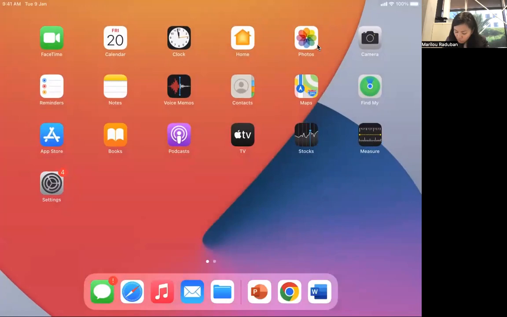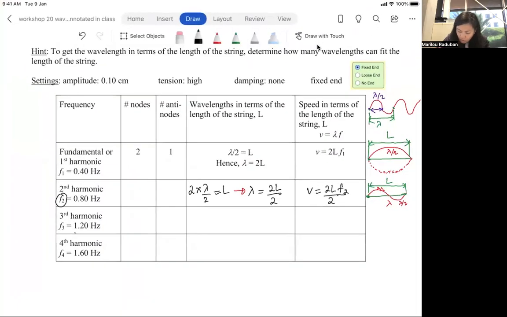If I draw the pattern of the wave, along the length of the string you have 3 half wavelengths.